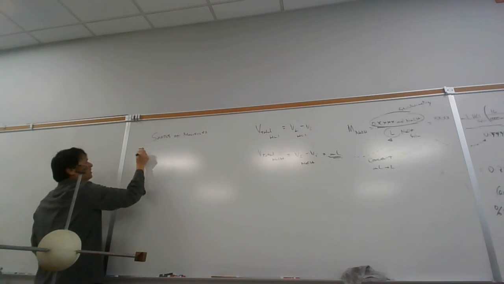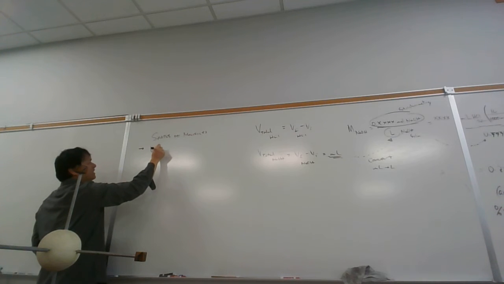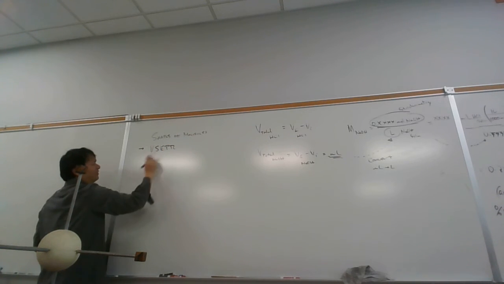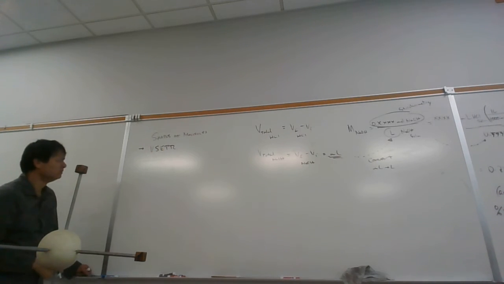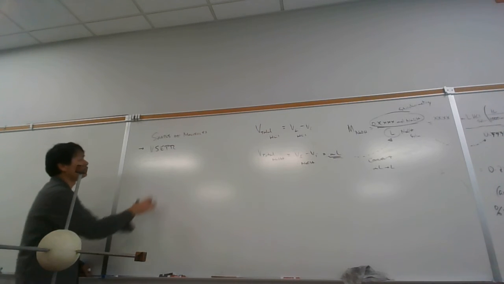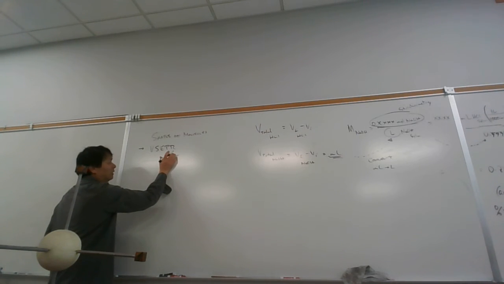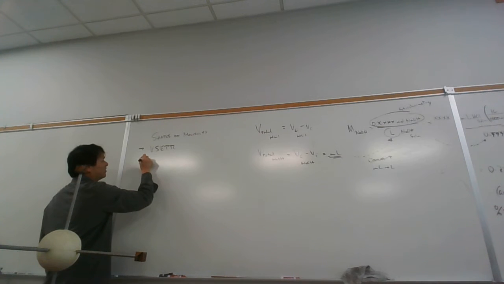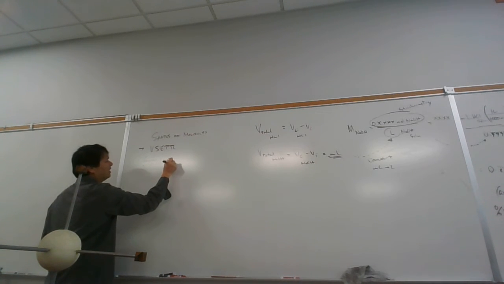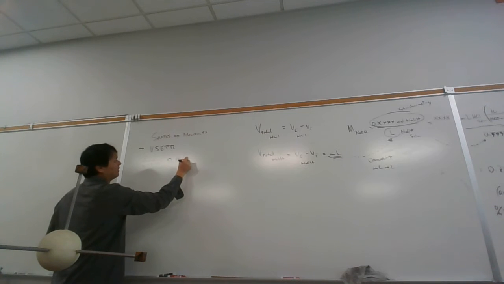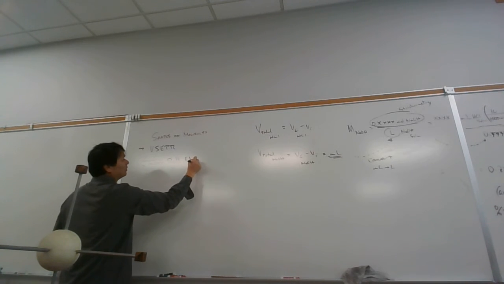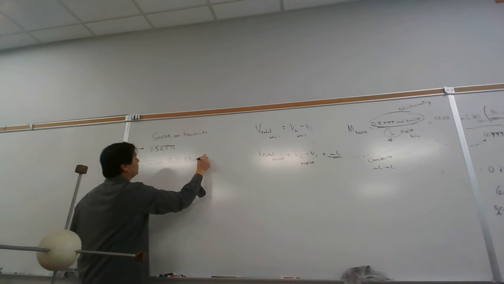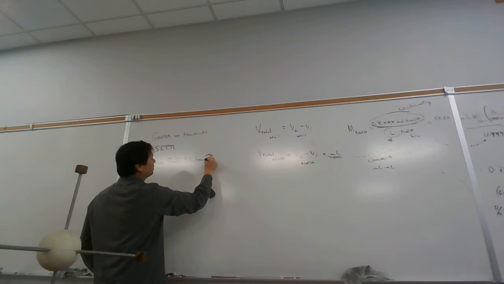The simplest way to determine shape is using VSEPR. VSEPR is commonly pronounced VESPER. VESPER stands for valence shell electron pair repulsion.